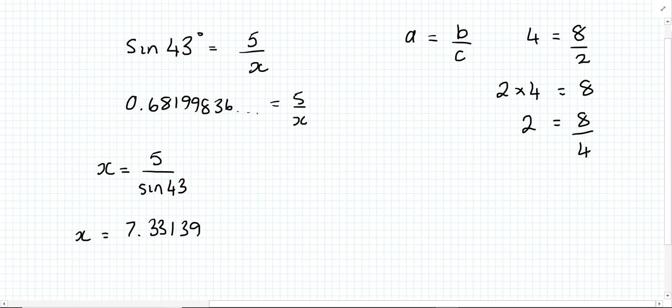So I can write those statements. If I've got 8 divided by 2 equals 4, what do I get if I don't divide by 2? The other side has to equal 8 as well, doesn't it? So if I undo it by multiplying by 2, I have to do the same to the other side. It's another way of thinking about it.